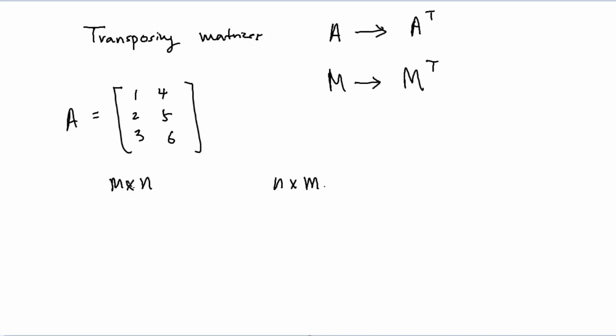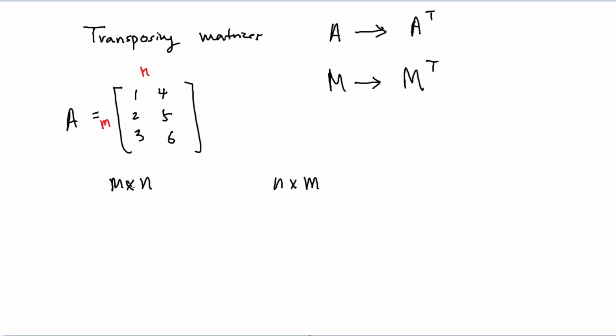And so what does this mean? As a quick reminder, whenever we have some sort of matrix, the dimensions are written such that the rows always come first and your columns come second, right? So when we have an n by m matrix, we are taking the number of rows and turning that into the number of columns, and taking the number of columns and turning that into the number of rows.